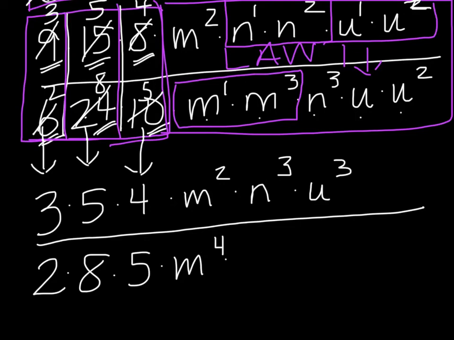Now this n cubed does not have any other common base powers, so it just stays as n cubed. And then my u's, I have 2 of them, so I can use law 1, product of powers property, change the first one to a power, u to the first times u squared simplifies to u to the 1 plus 2, which is u cubed. Now we're going to pick up at the next slide right where we just left off.